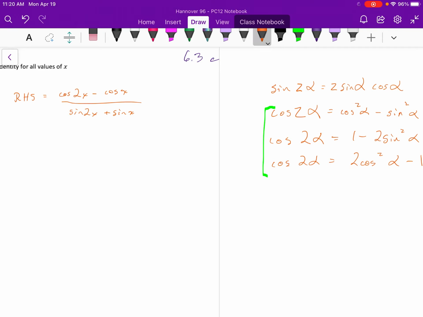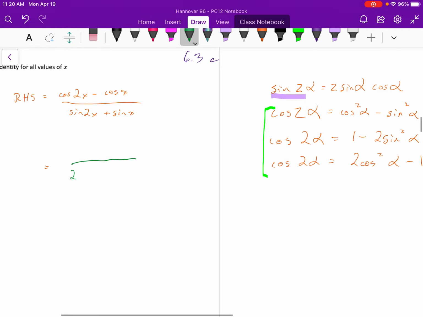So instead, I'm going to use some thought here and maybe some trial and error. Now, good fortune shines on those who practice the most. So I think that I'm just going to plug in sine 2 alpha into my double angle identity in the denominator, and then I'm going to revisit this. So sine 2x is equal to 2 sine x cos x for my double angle identity.